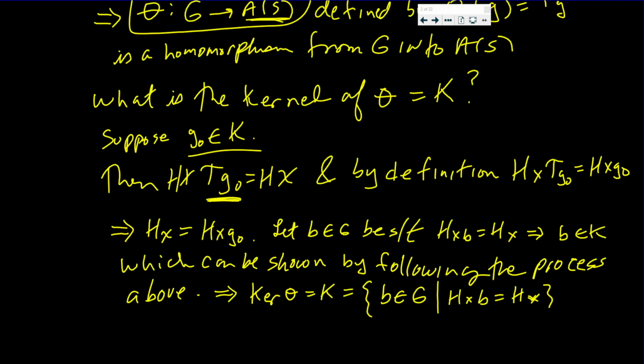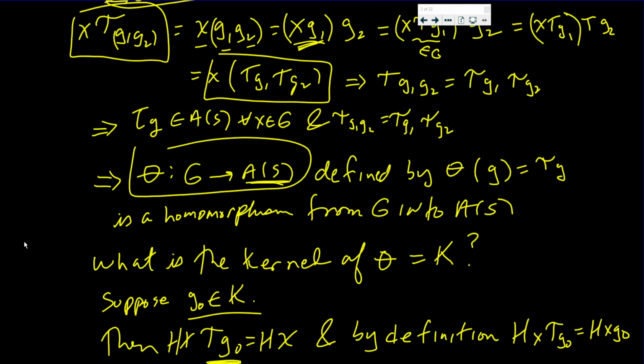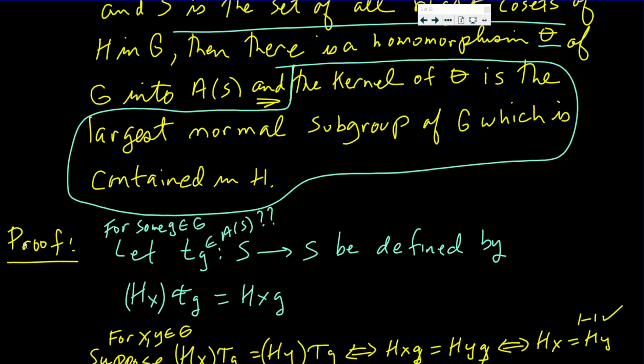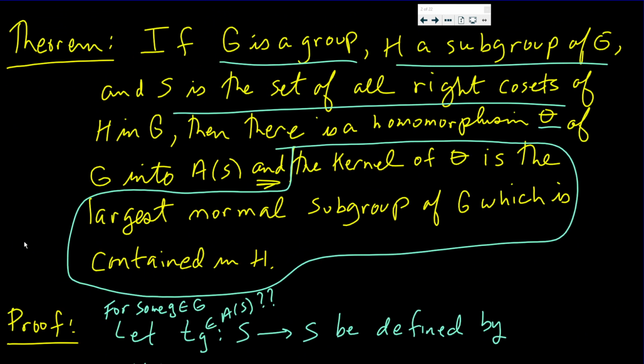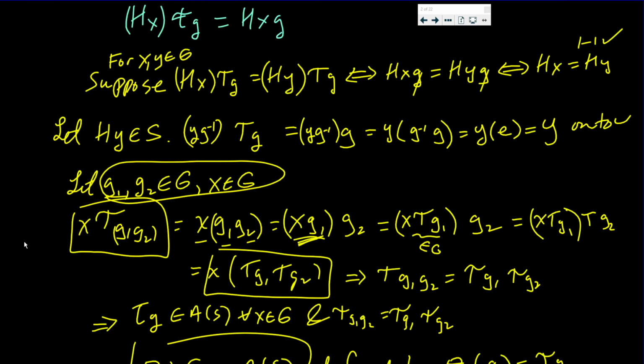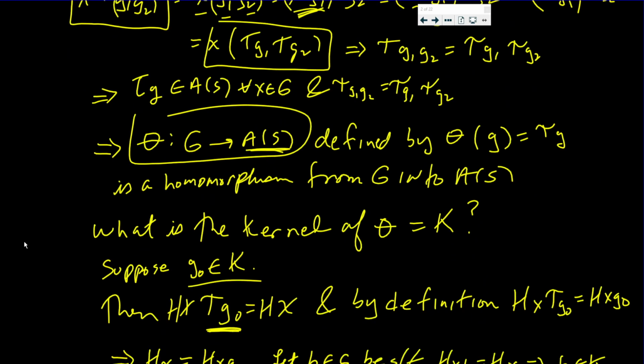So now, what do I want to say? Okay, so I did find the homomorphism theta from G into A of S. And did I actually state that? Yep, I did. This mapping from G to A of S is a homomorphism. So that's part A. That's the first part.